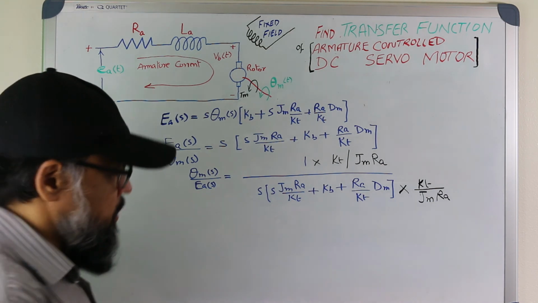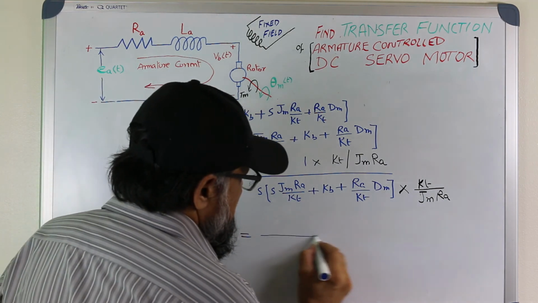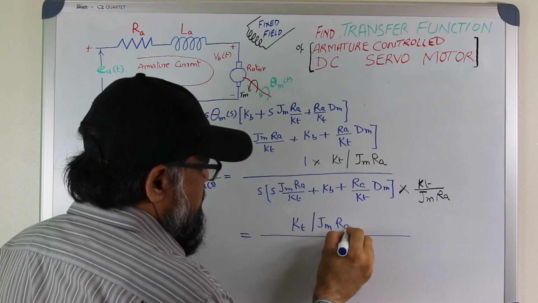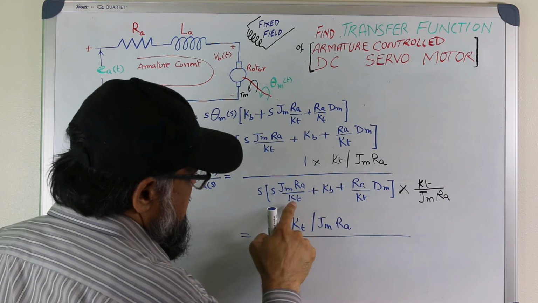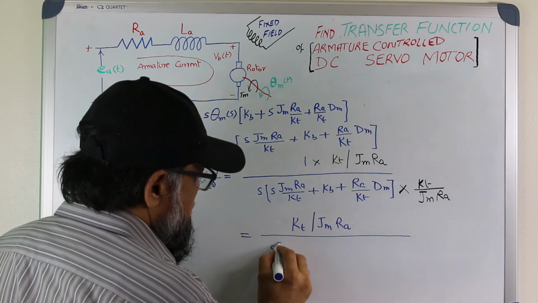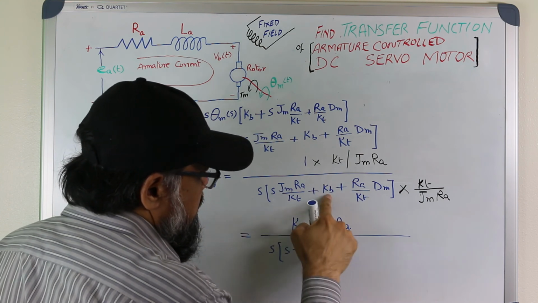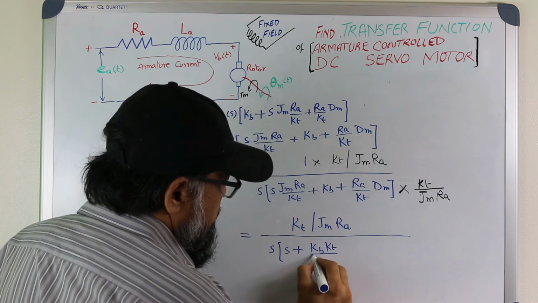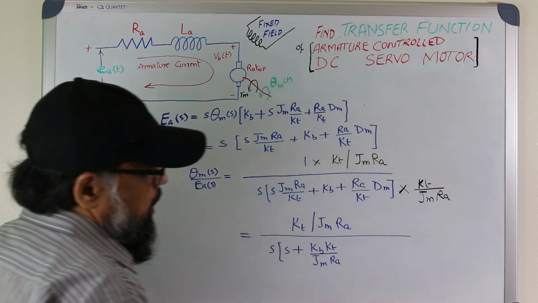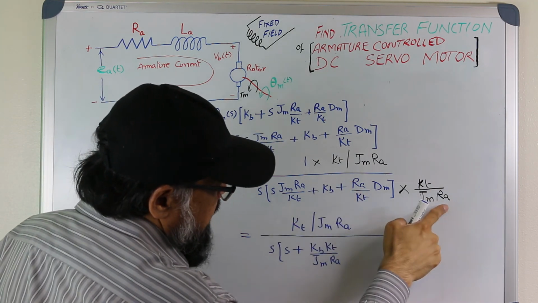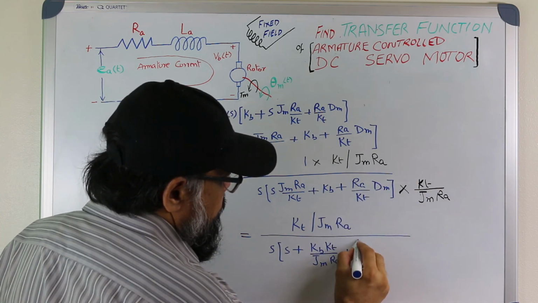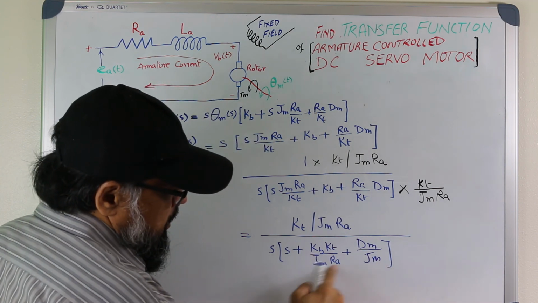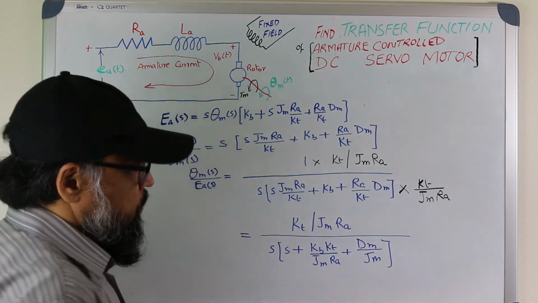So now we are almost there. On the numerator we get this term K sub T, Jm R sub A, and on the denominator when you multiply this with this, you get only S. So S here, then S plus KB multiplied by this is KB KT divided by JMRA, and when you multiply this with this term, this RA will be cancelled out, KT will also be cancelled out, so we will be left with DM divided by Jm, and we can take common again 1 divided by Jm, so we can take from these two terms.